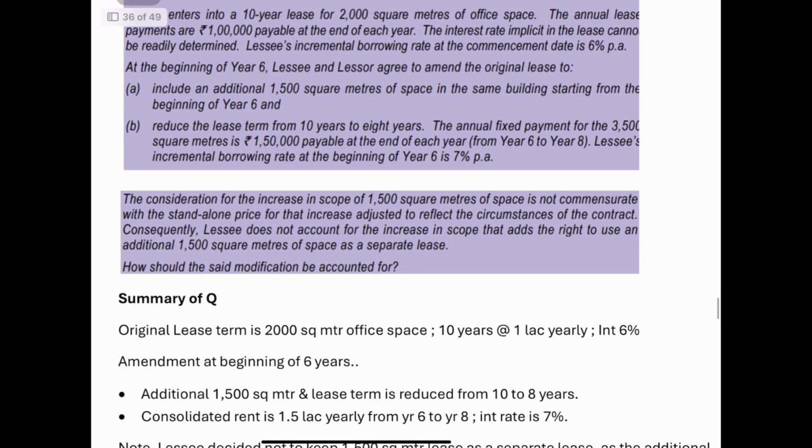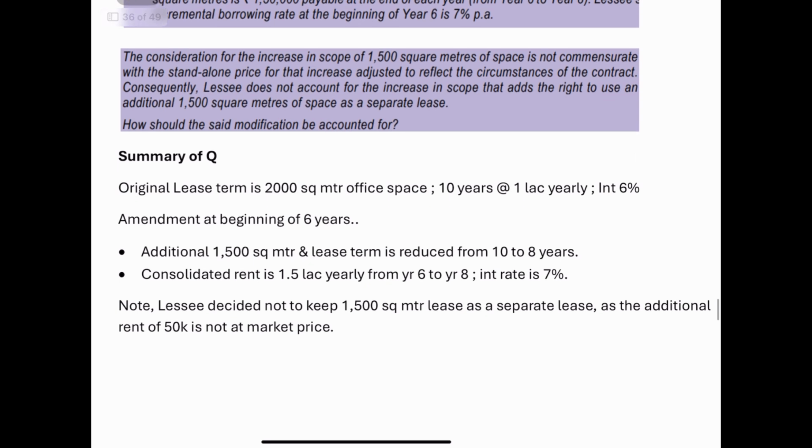Okay, so in this question, there is an original lease for a 2000 square meter office space, and the lease term is 10 years, the lease rental is 1 lakh yearly, and the interest rate is given as 6%. So that was the original lease term. And there is an amendment entered after 5 years.